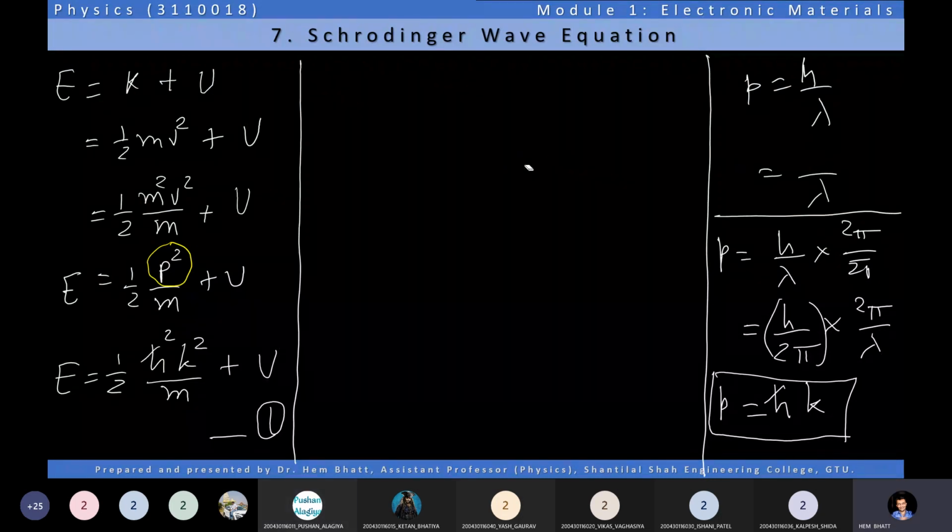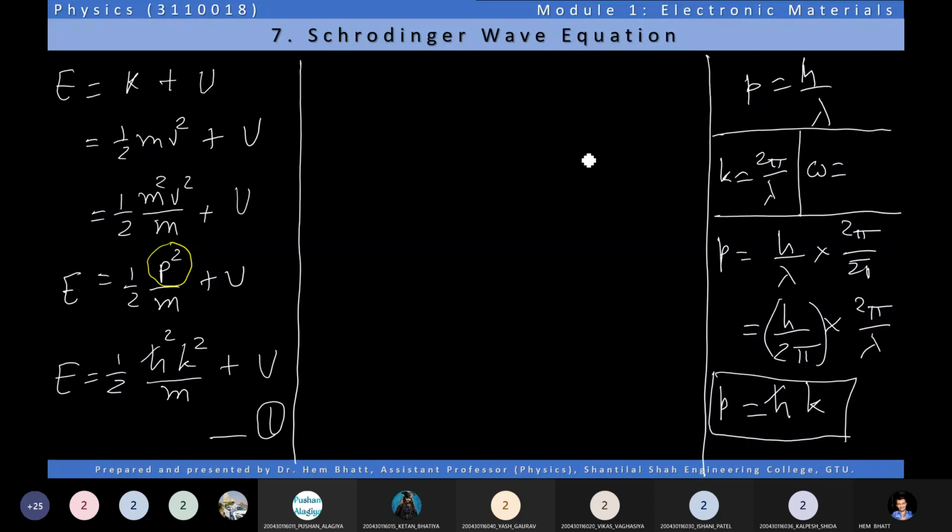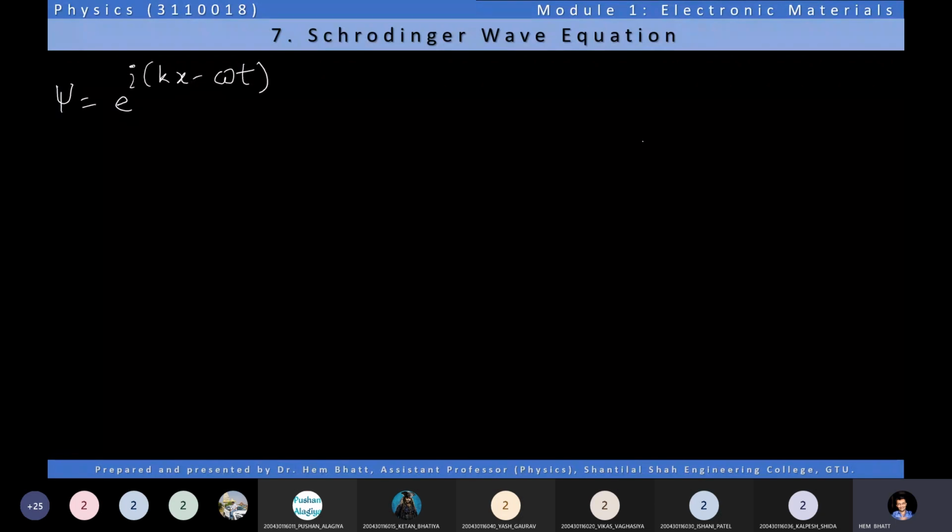Omega is 2 pi f, and it is called angular frequency. K is 2 pi by lambda, the wave vector. Omega is angular frequency.